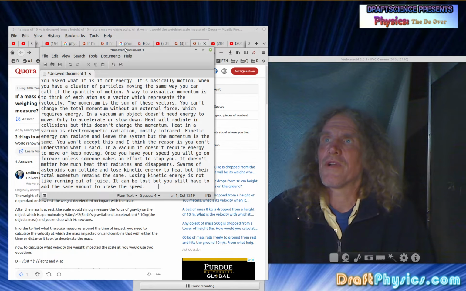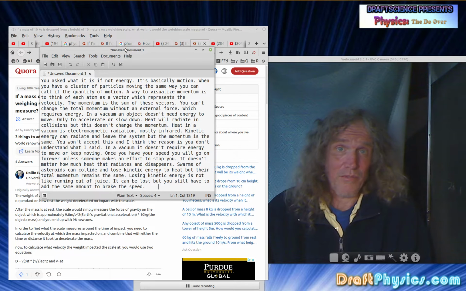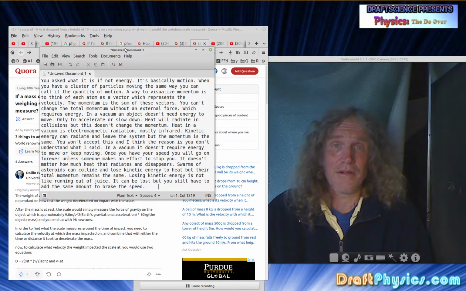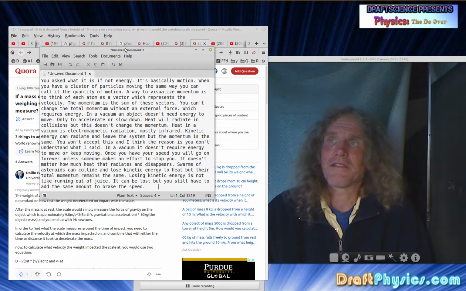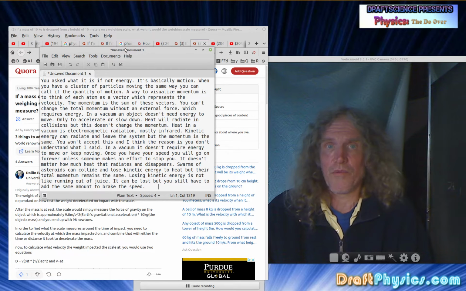Anyway, when you have a cluster of particles moving the same way, you can call it the quantity of motion. So what? Yeah, exactly. But that's the whole point. It all has to be moving the same way, or we're not going to be recognizing it as energy. If it's going every way, I suppose the sun is sending its energy in every direction, and we're getting a portion of it in one direction.